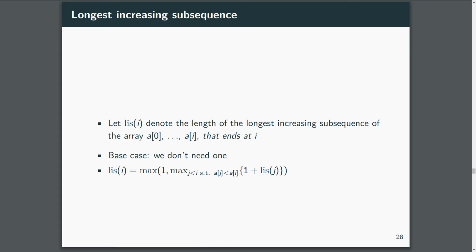So our answer would be 1 plus list of j. Take the maximum over all j, and then possibly this is empty. This could be an empty set, and then we need to just have 1 as the answer.